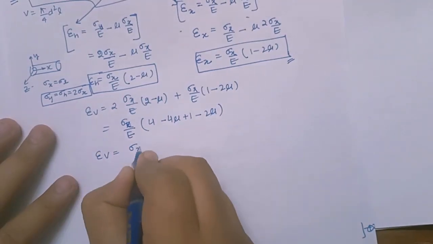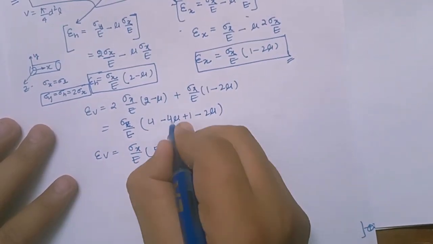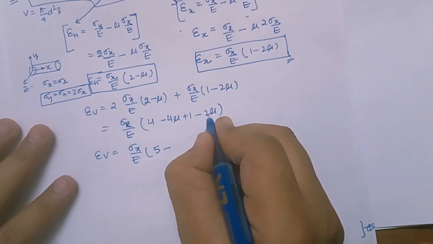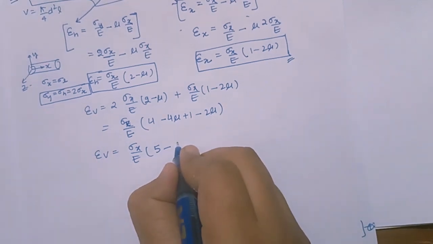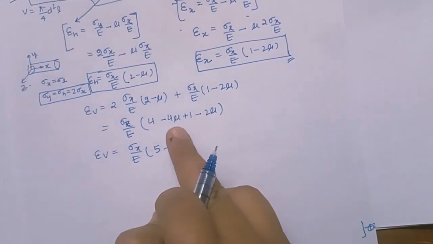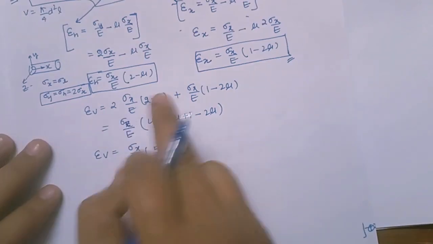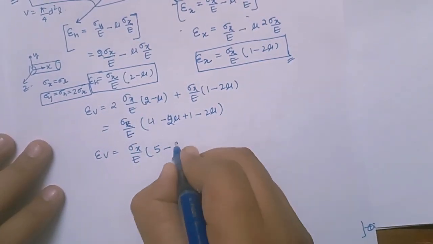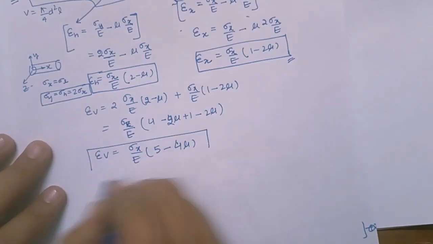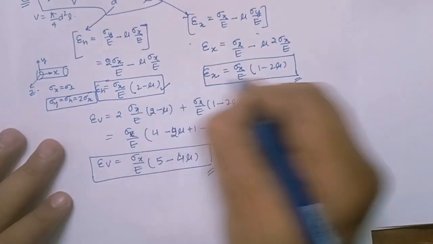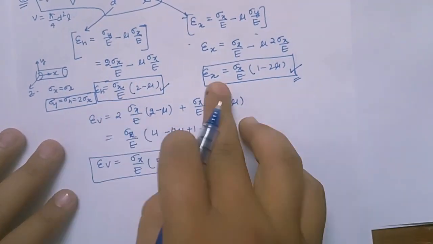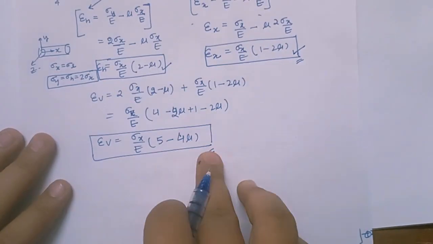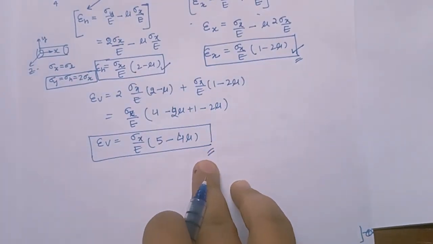Epsilon V as sigma x by E, 4 plus 1 is 5, minus 4 mu minus 2 mu, 6 mu, right? So this is epsilon V. If you want epsilon V, you should know epsilon h and epsilon x, that is hoop and longitudinal strain. Just add them, and you will get the volumetric strain.